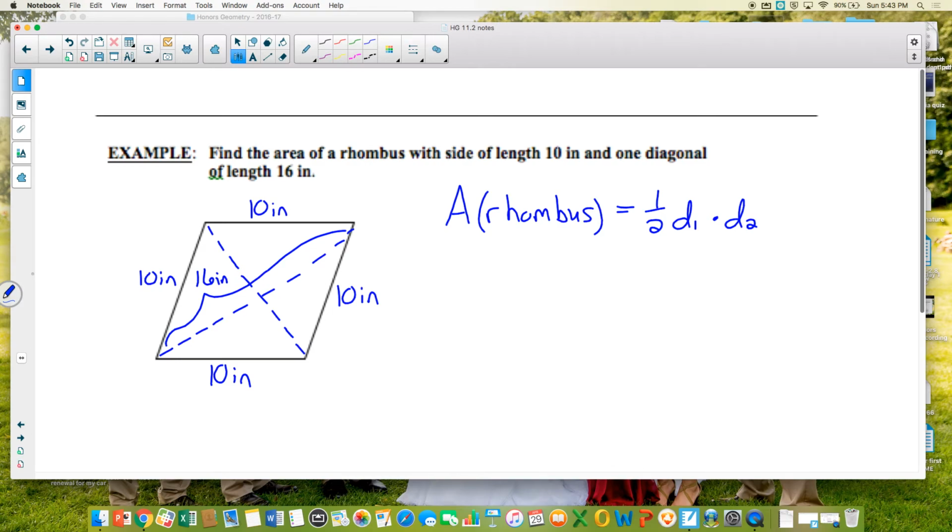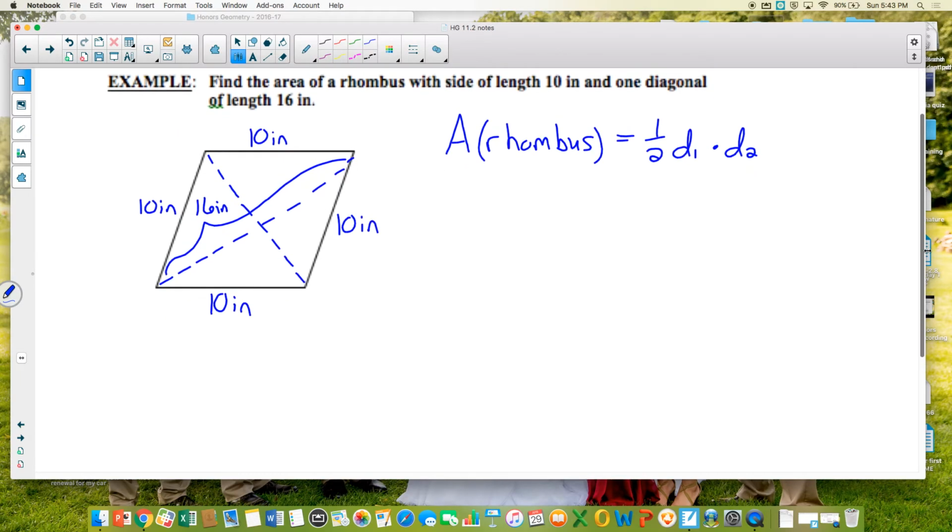We know what one diagonal is. We have to find the other. So we've got to find our missing information. So we'll scroll down, give ourselves some room. We know diagonal 1 equals 16. Diagonal 2 is that missing piece of information. So how can we find diagonal 2? If we're given one of the sides and we know this long diagonal is 16, we can find our missing piece.